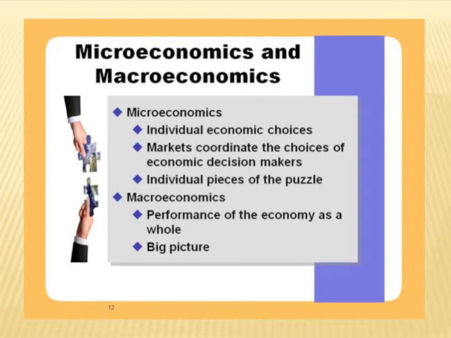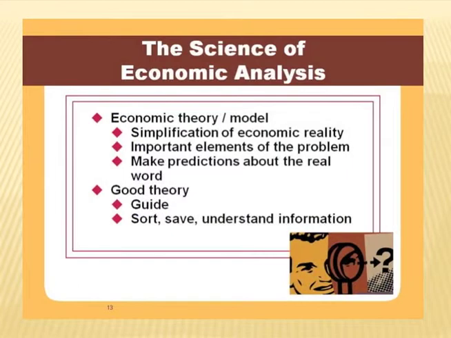Or instead of talking about individual firms, we talk about the decision making of firms in general. How will business react to this, rather than how will this specific business react to this? Both of them are important. Both of them inform our decision making, and both of them take different ways of getting to the same sort of thing.